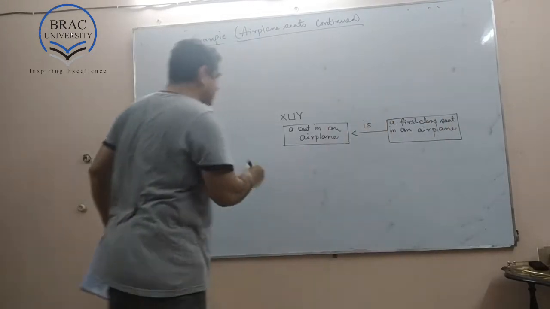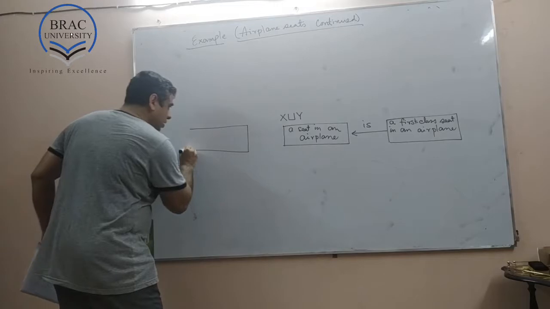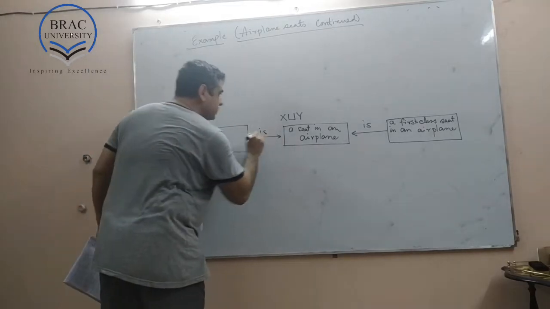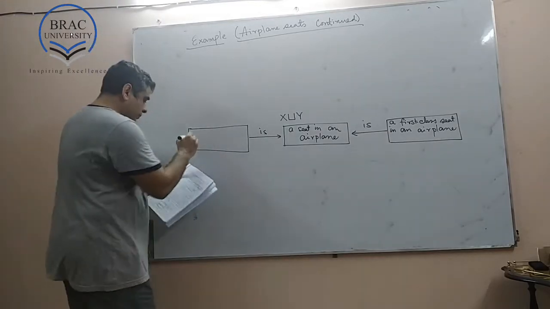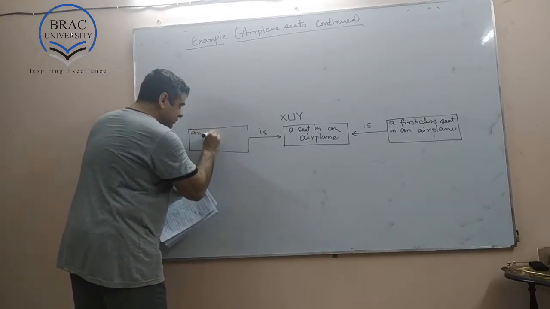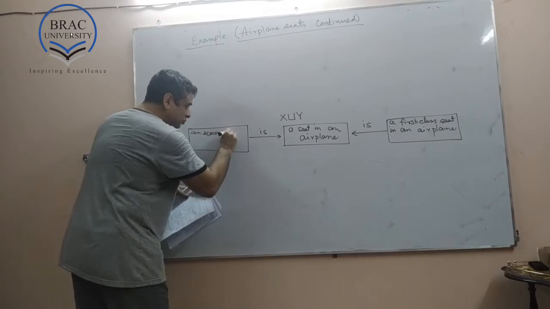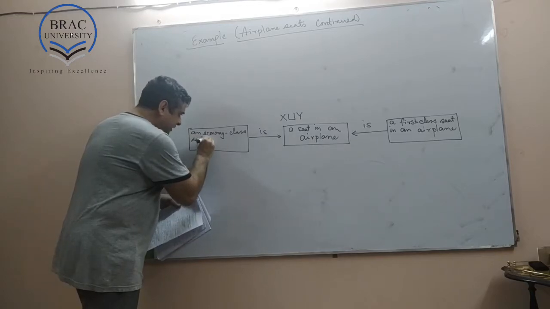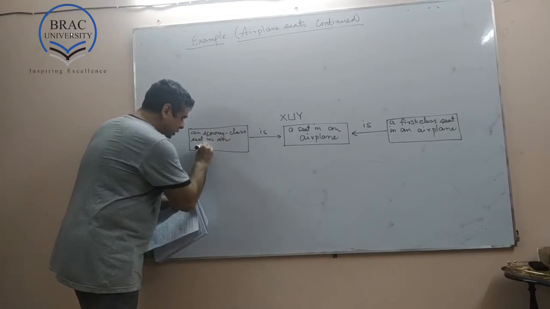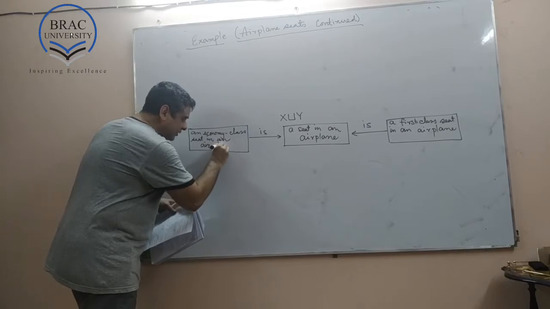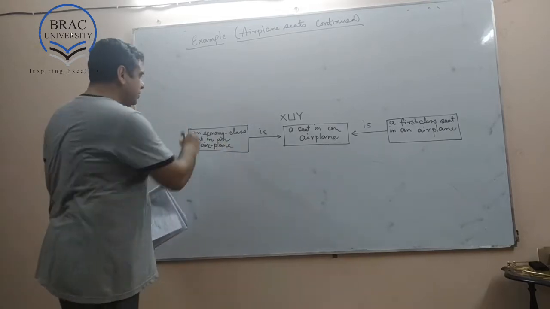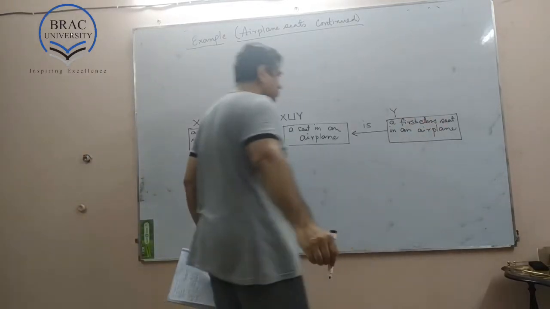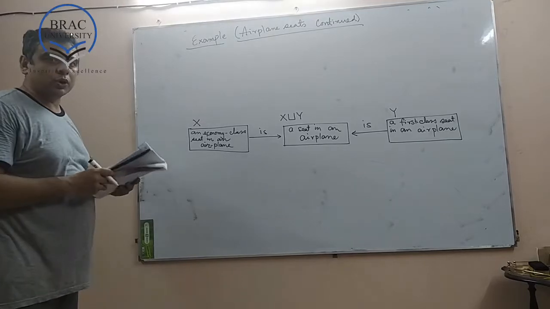And to the left of the diagram I have another inclusion map, an economy class seat in an airplane. We denoted this with X and we denoted this type with Y. This was the example that we had earlier.